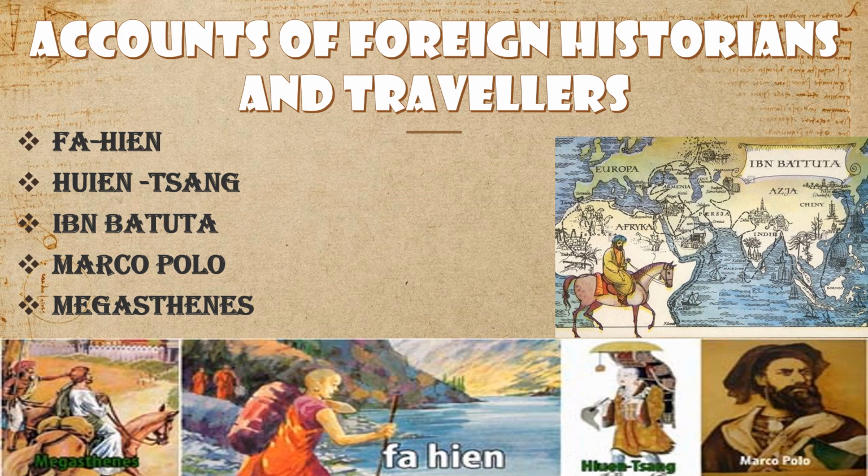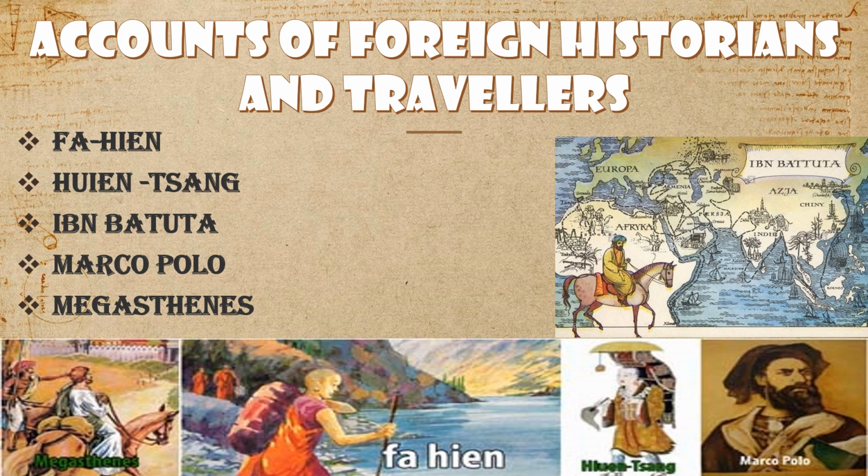Marco Polo, Ibn Battuta. I'll be discussing Ibn Battuta when I discuss medieval history, because he was a Moroccan traveler. He came during the time of the Tughlaq dynasty. So I will be discussing the Tughlaq dynasty in medieval history. Marco Polo was also a very popular foreign historian and traveler.